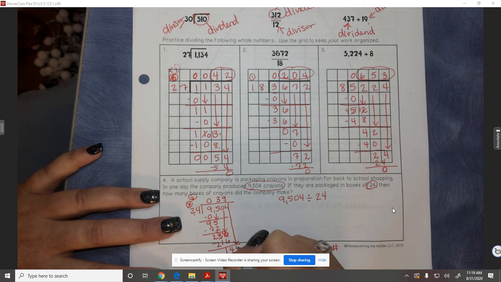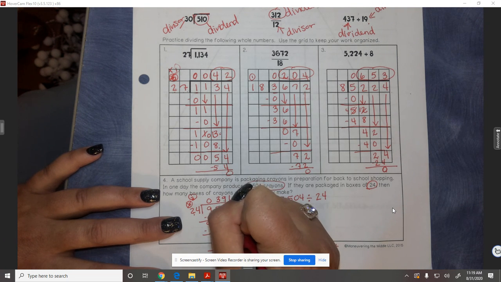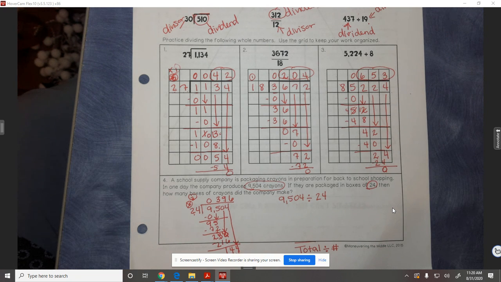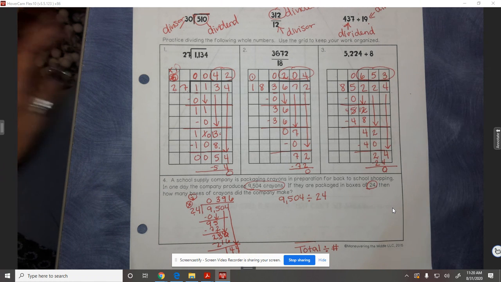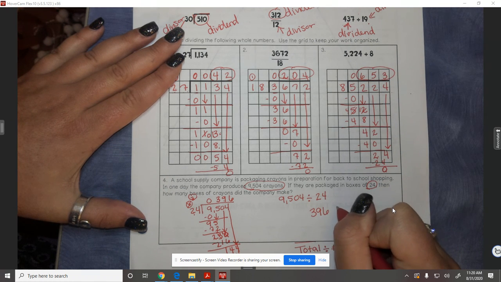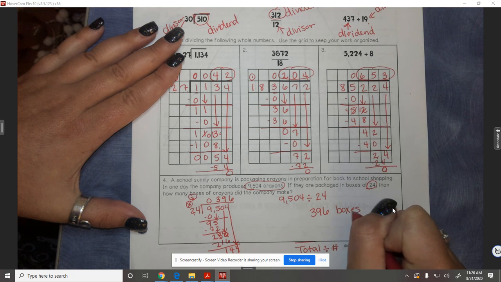Bring down my 4. 24 will go into 144 6 times. I get 144. 0 remainder. So then I know I am done. So my final answer is 396 boxes.